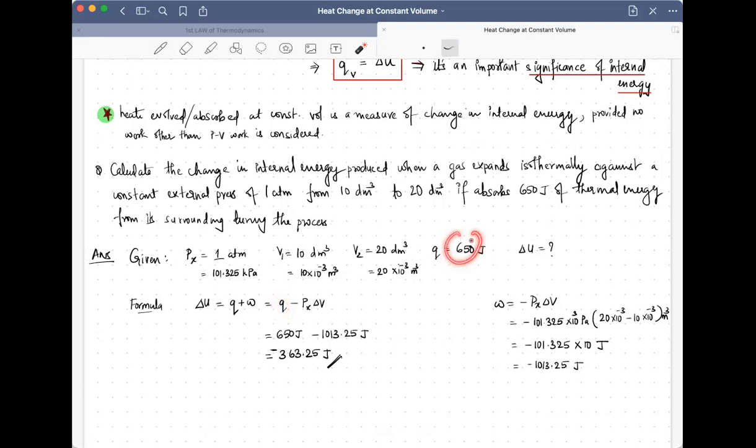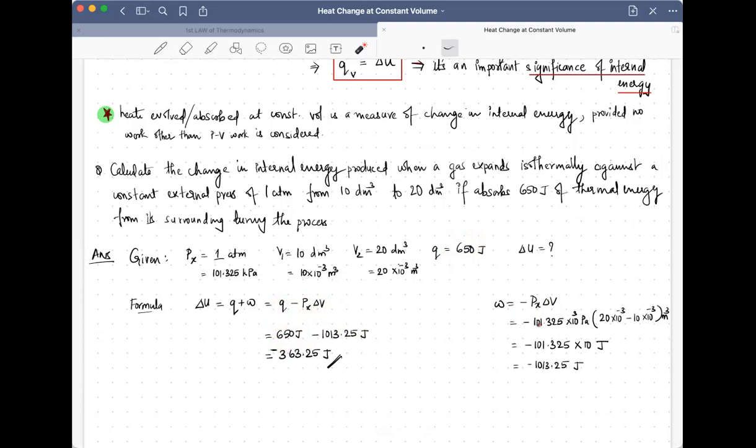We have to calculate the other part, which I have calculated separately here. Joule is the SI unit of energy, so we have to make sure that the value we get here is also in joule.